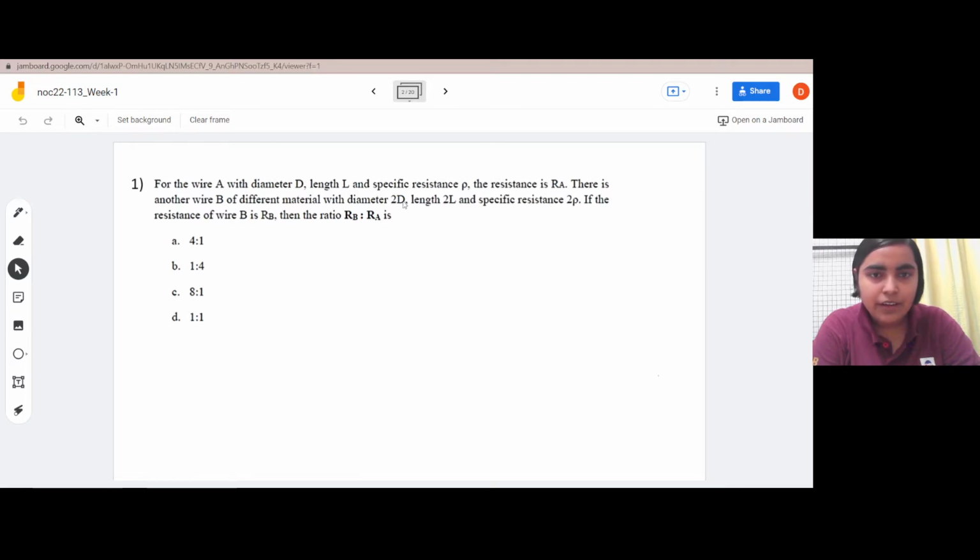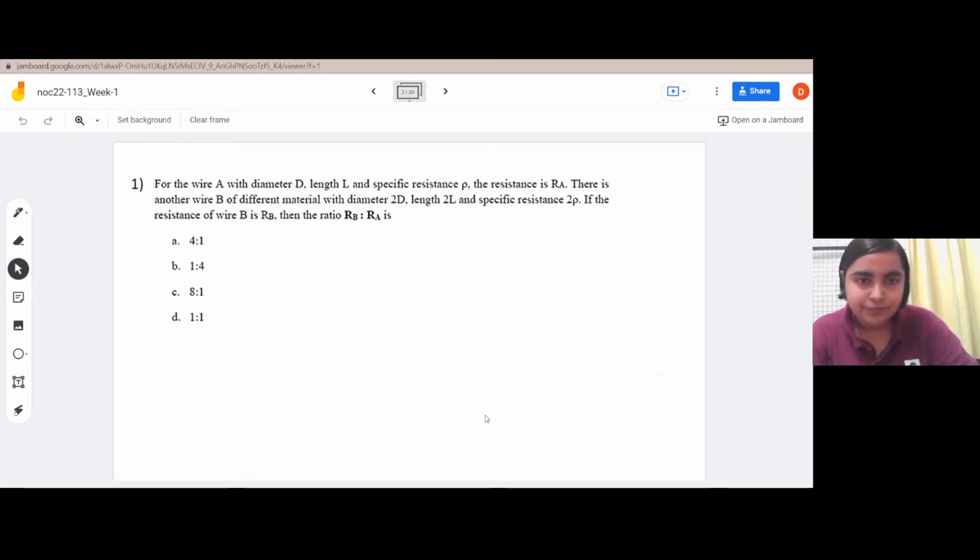There is another wire B of diameter 2D, the length is 2L, and specific resistance is 2 rho. So you have to find the relation between resistance of B and resistance of A. So anyone wants to go ahead, how to solve this?